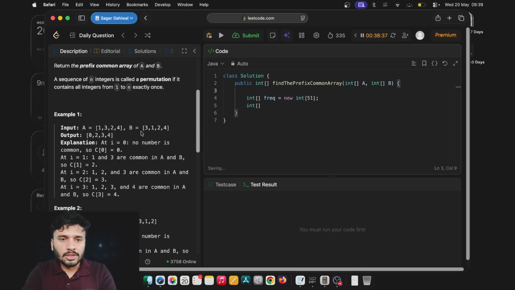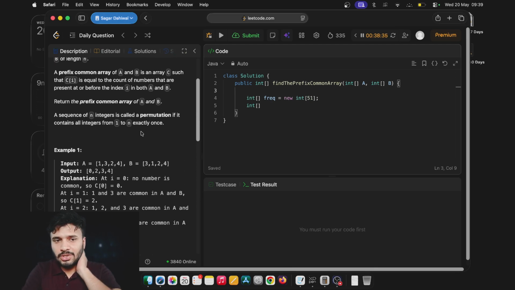These both are permutations, so the size will be the same, and then it will be a dot length. Now we need, let's say, the array C of size n.